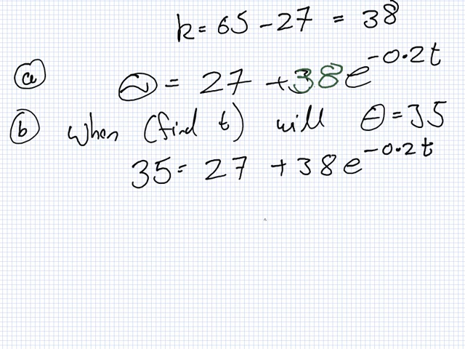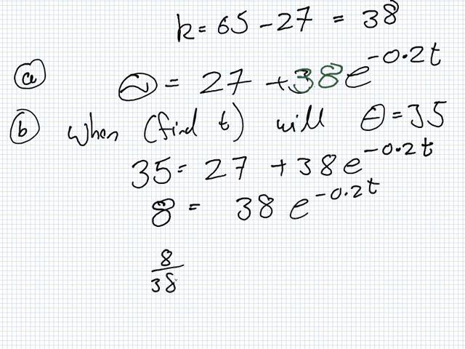Okay. Taking the 27 to the left, what's that, an 8 is it? 8 equals 38e^(-0.2t). Dividing by 38, I get this. The power, oh, sorry, what happened there?